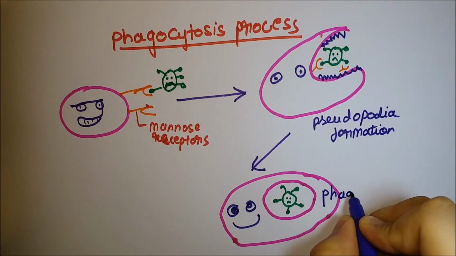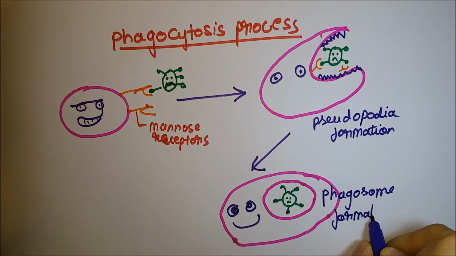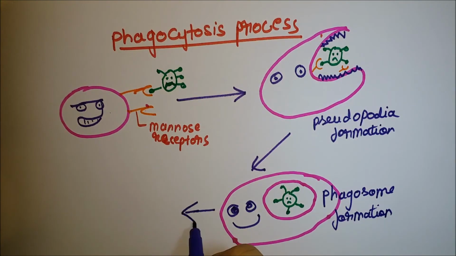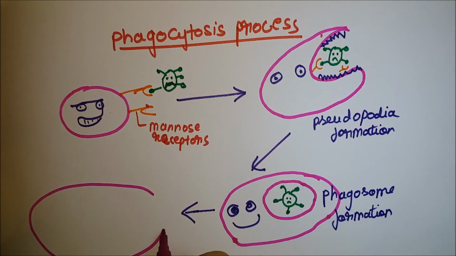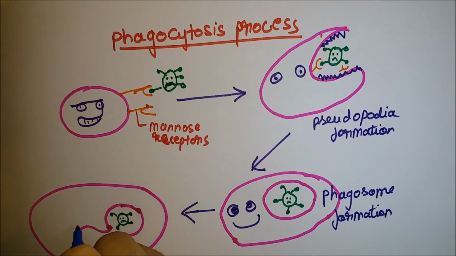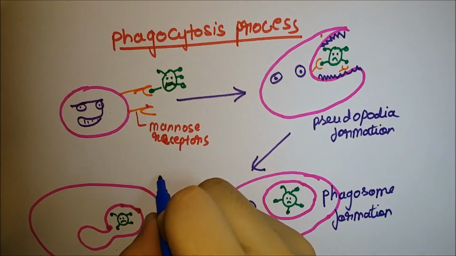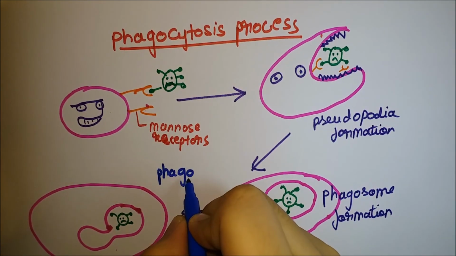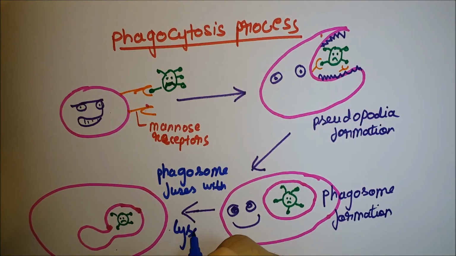So there is a phagosome formation. The phagosome is a bubble surrounded by the same material as the cell membrane is made of, and inside it is contained the microorganism. Now next, there is a fusion between the phagosome and the lysosome. We all know that the lysosome is the cell organelle that is responsible for digestion of contents.